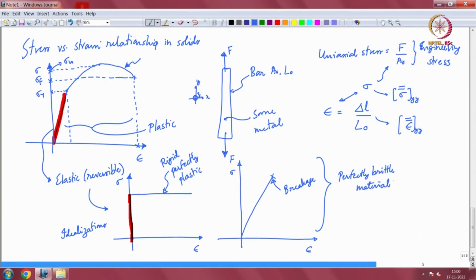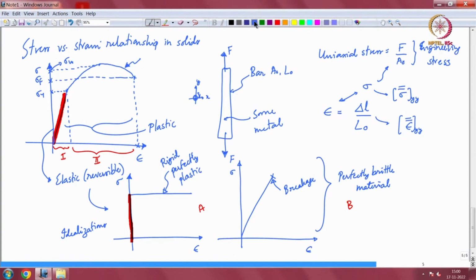It does not show any plastic deformation, it is completely elastic and it just breaks. Now, depending on how small or large this region is, we can use either this or this to approximate the behavior. Okay. So that is the basic idea.